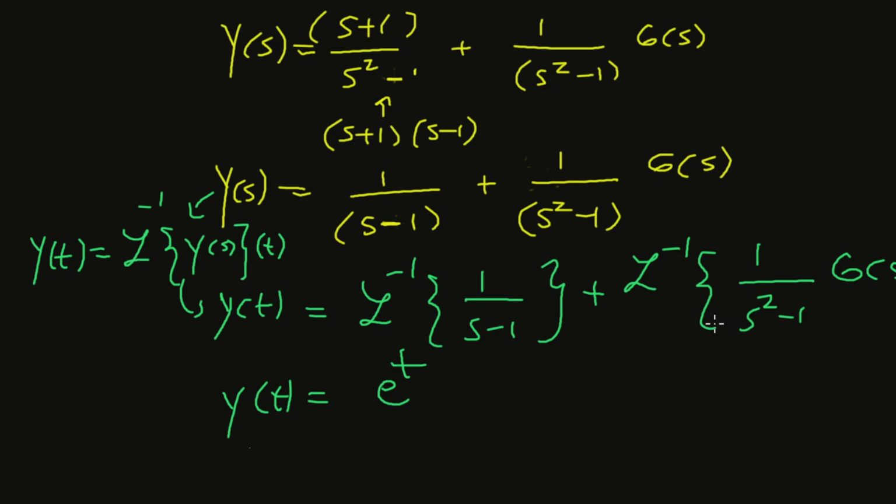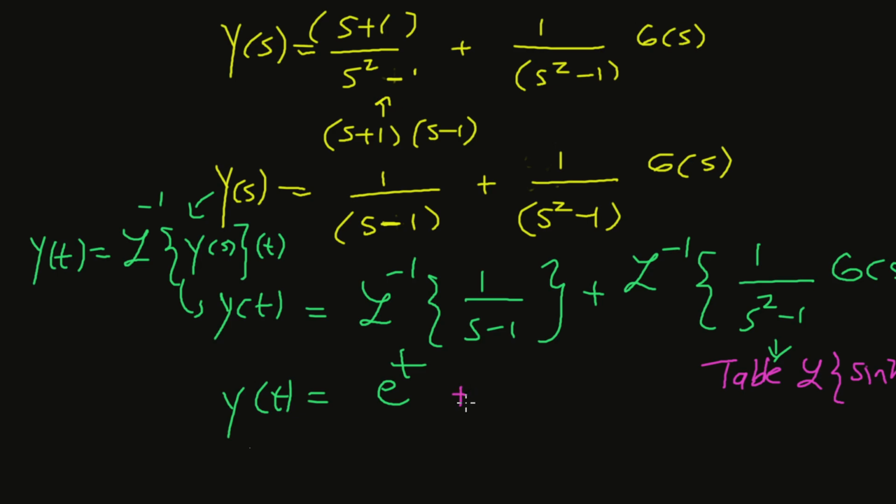But here we can see that 1 over s squared minus 1, if you look at the table, so let's talk about it here. So maybe for the table, that's going to be the Laplace transform of the hyperbolic sine, right? So that's what we have here.